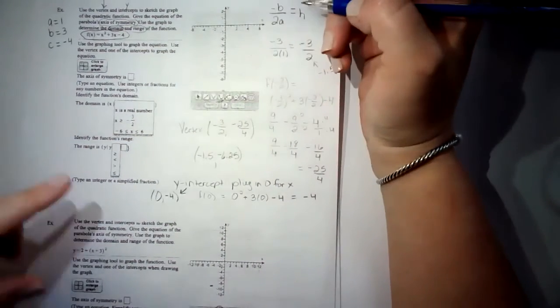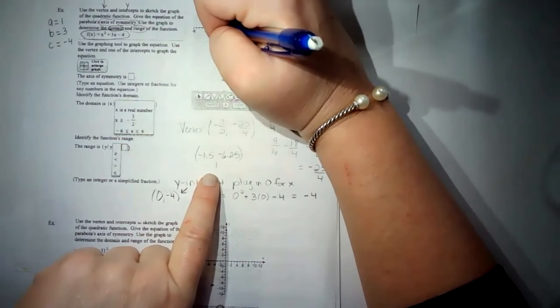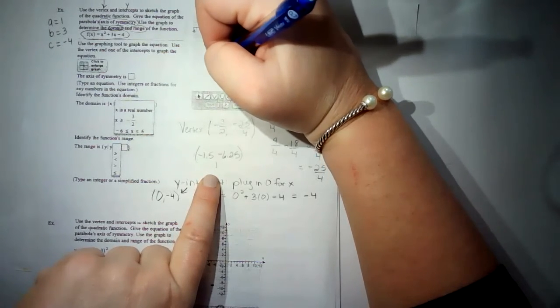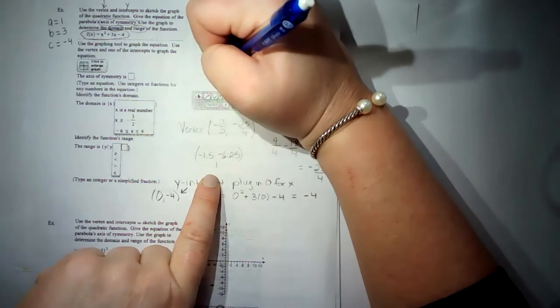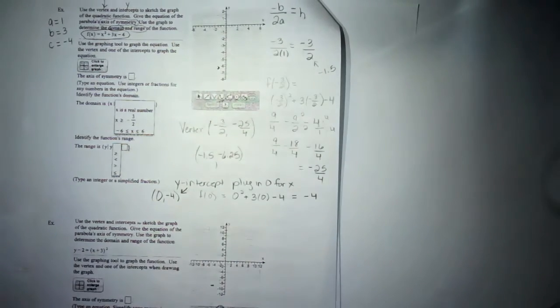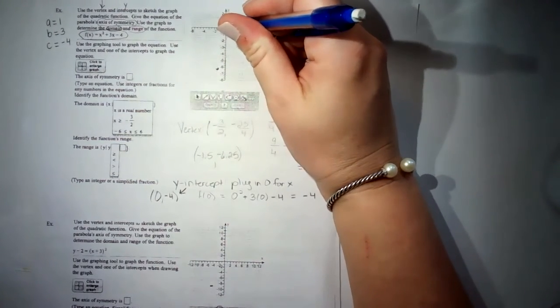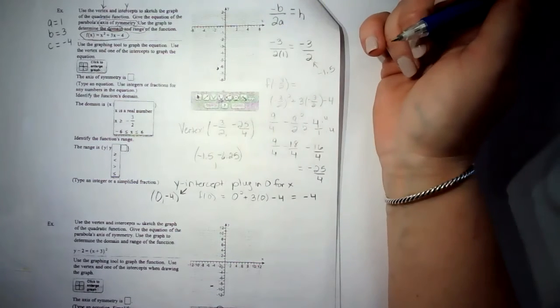Okay, so my vertex is going to be negative 1.5 and negative 6.25. Just do the best you can. There's my vertex, okay? So I went negative 1.5, negative 6.25. There's my vertex.